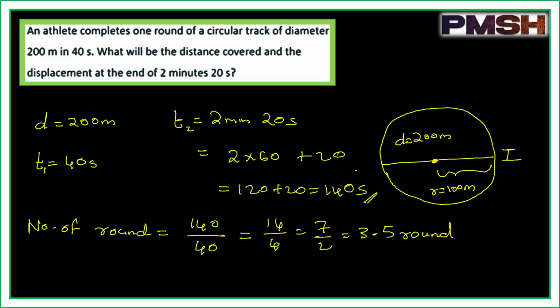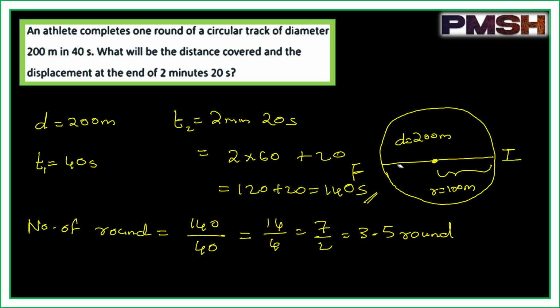When one round is completed, he reaches the position where he started. When the second round is completed, he is at I itself. When the third round is completed, he is at his initial position. Then there is the 0.5 round. He will be at this position. Clear? When 3.5 rounds are completed, the final position will be this F.